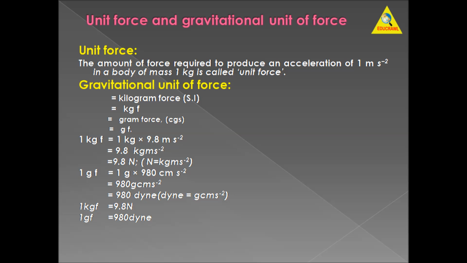The numerals I am multiplying and bringing to the front, so it becomes 9.8 into 1 is 9.8, and I am clubbing the units, kilogram into m s power minus 2, which becomes kilogram meter per second square, which is nothing but 1 Newton.